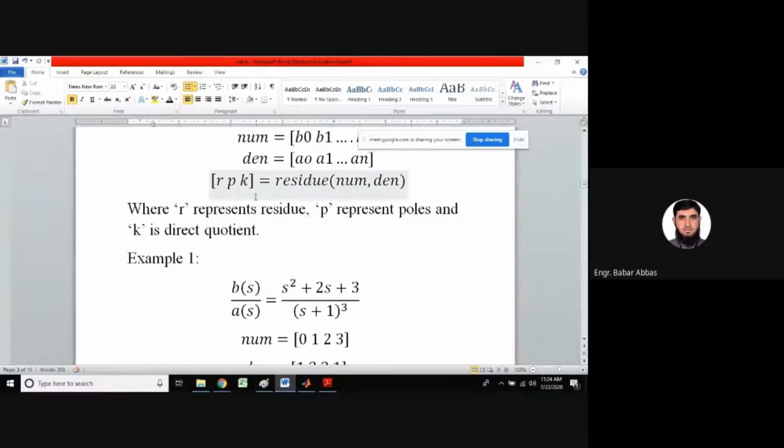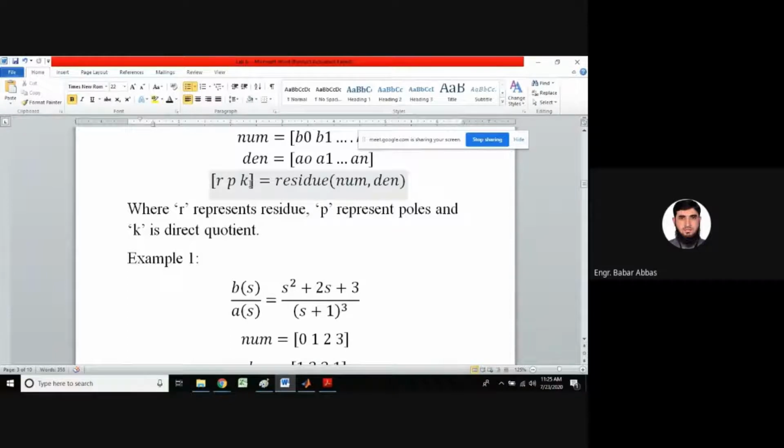For a proper fraction, the value of k will be equal to 0. An improper fraction is a fraction in which the power in the numerator is greater than or equal to the degree in the denominator.